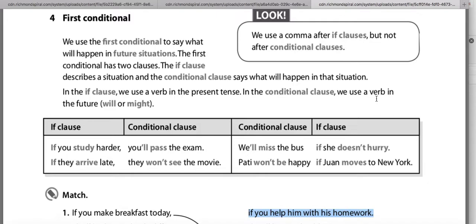Okay. The first big difference is that the first conditional is used with the if clause in the present tense, but the conditional clause is used with the future.